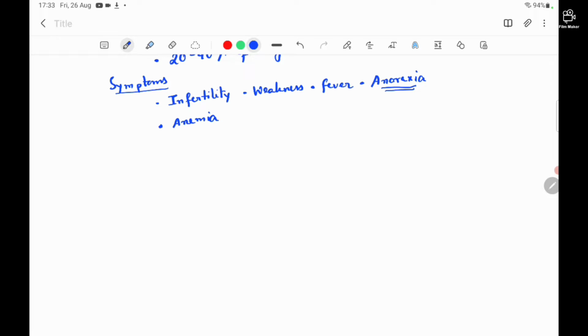Now with all these things, anorexia is a little typical here. Apart from that, all these things are very common. Apart from anorexia and infertility.